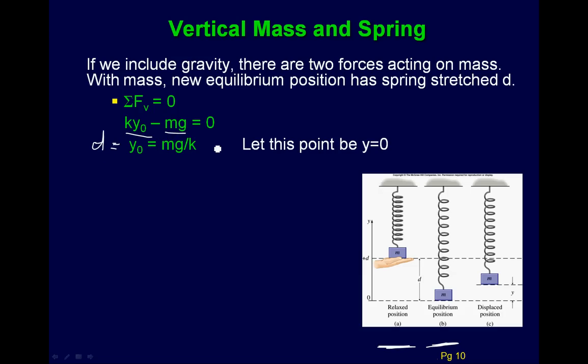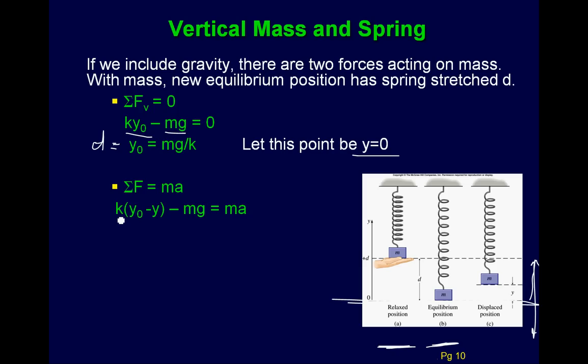And so if we make this our new 0 point, when the spring oscillates, like in this case C over here, it's going to oscillate about this new equilibrium position. We can show that here. Any displacement from there will give a force k times y naught minus y, minus mg equals ma. If I plug that in, I distribute the k times the y naught and the y, and k times mg divided by k is just mg.